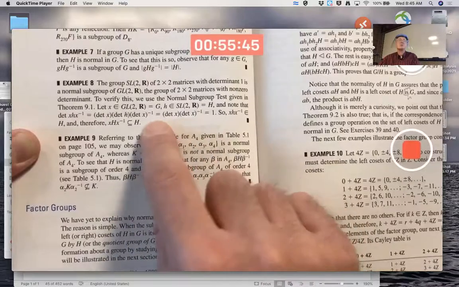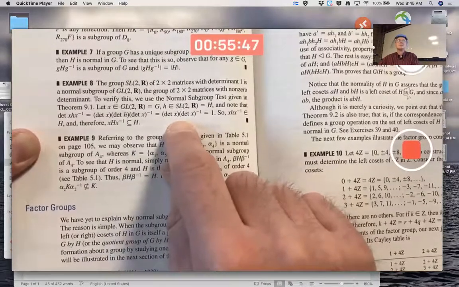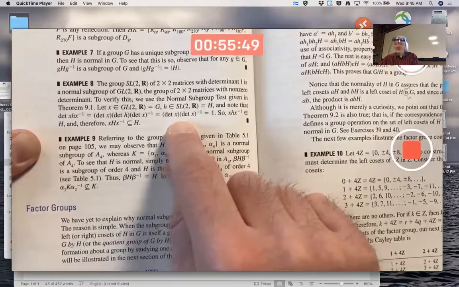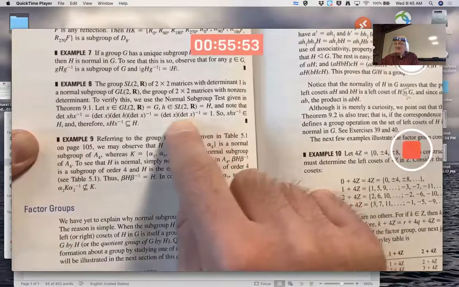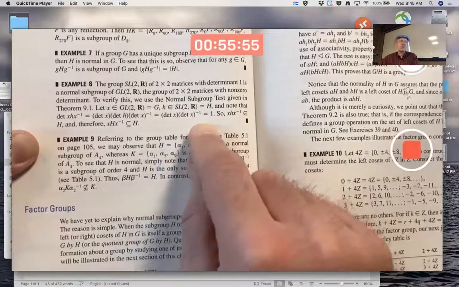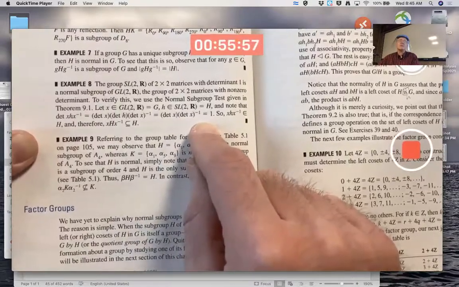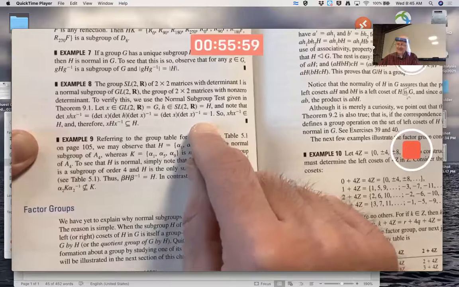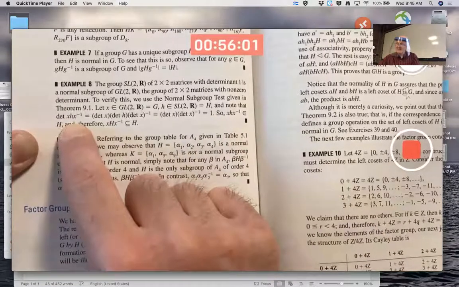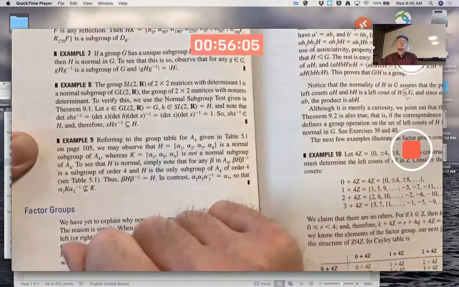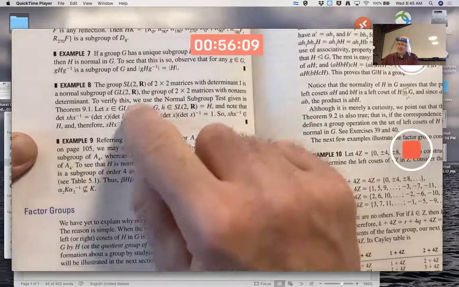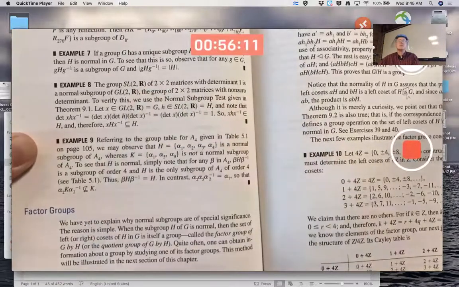This is the product of two numbers, neither of which is 0, and they are multiplicative inverses of each other, like 5 times 1/5 equals 1, for example. So that verifies the determinant of this is 1, and that's what it means to be in SL, and therefore it is in SL. And therefore this is a normal subgroup of that by the normal subgroup test.